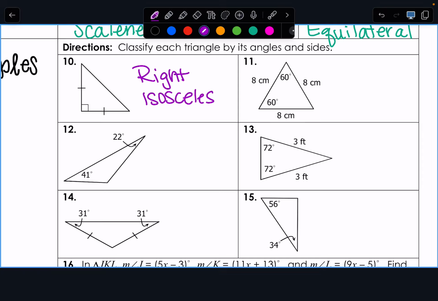The hypotenuse is the base. A squared plus B squared equals C squared. The hypotenuse is longer.